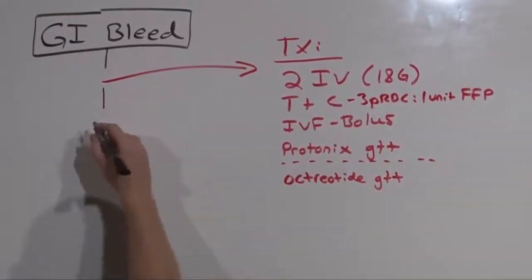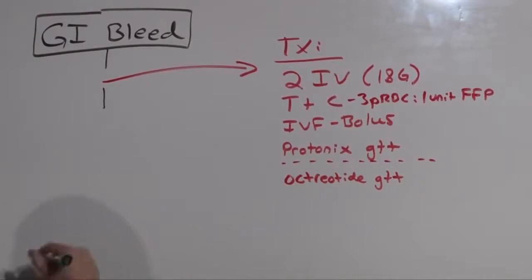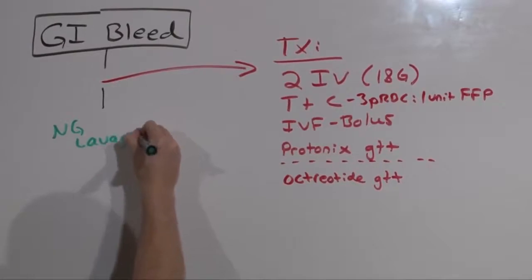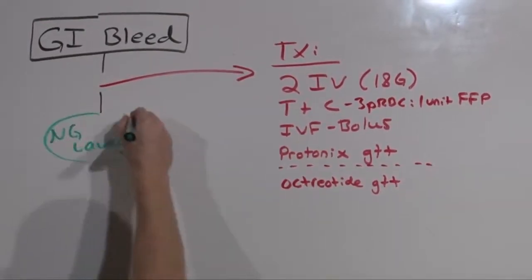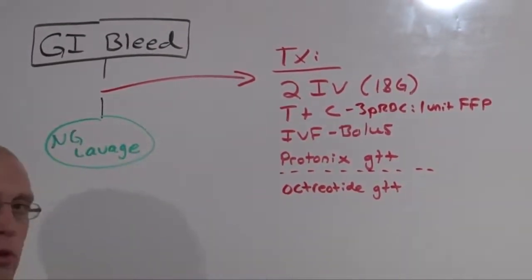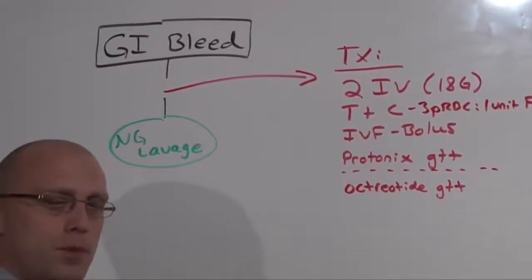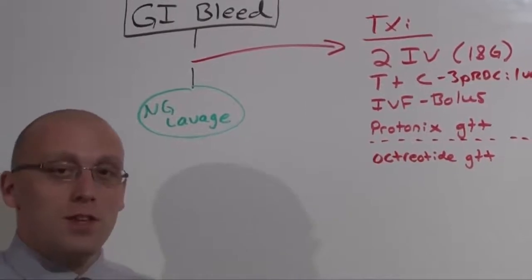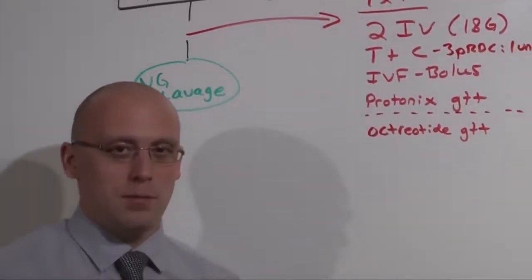You've already stabilized them. The first test you want to do is an NG lavage. You place an NG tube down, you bolus some fluid, and you suck it back up. The purpose of the NG lavage is to give you an idea of is this an upper GI bleed or not.